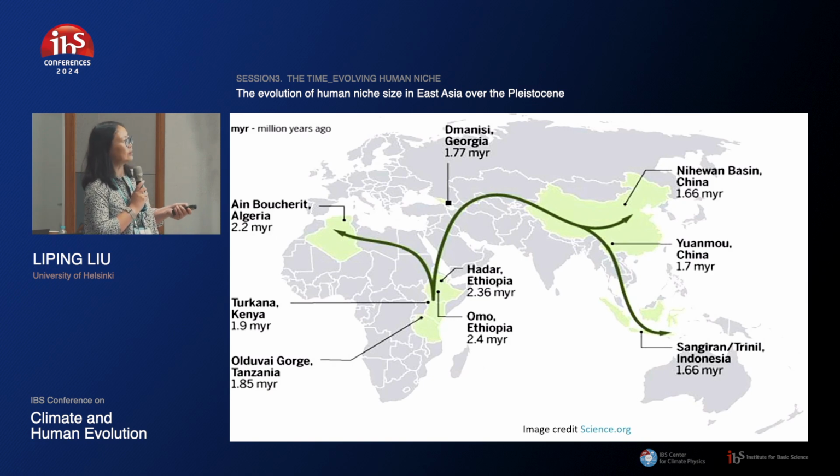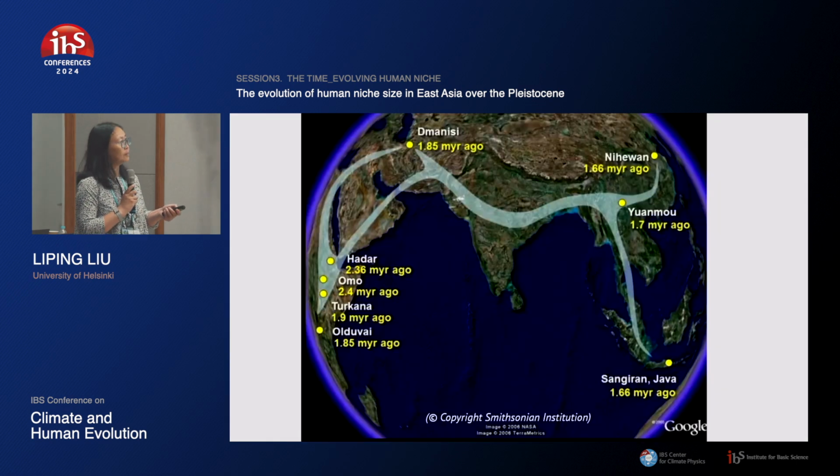One is the grassland hypothesis. So people suppose early humans preferred open habitats. They dispersed along the grassland. Another is different, because at more Asian fossil sites nowadays they reconstruct a more closed habitat.